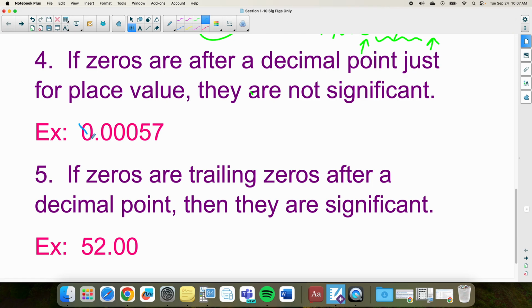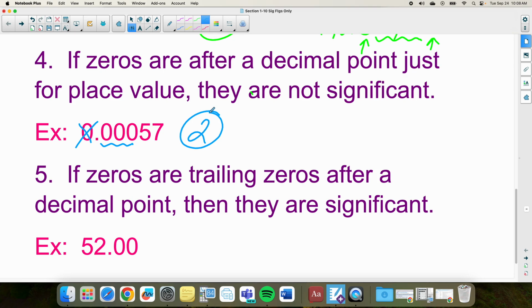This 0, we usually don't write, so I just kind of ignore that 0 and don't even worry about it. But these 3 zeros right there are there just for placeholders to make that a really small number. We don't count them then. So we only count this as 1, 2. It would have 2 sig figs, okay?